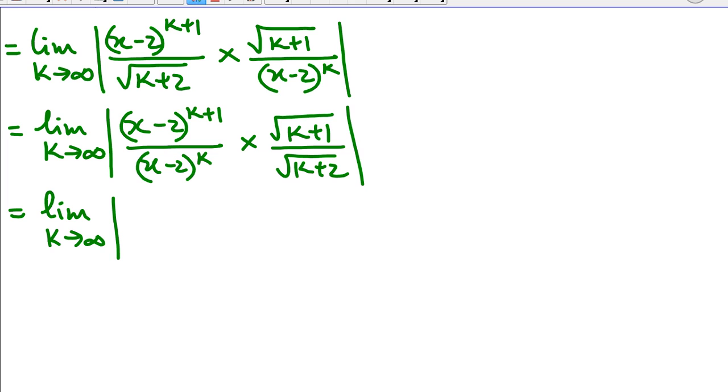The first term will just be x minus 2 to power 1.